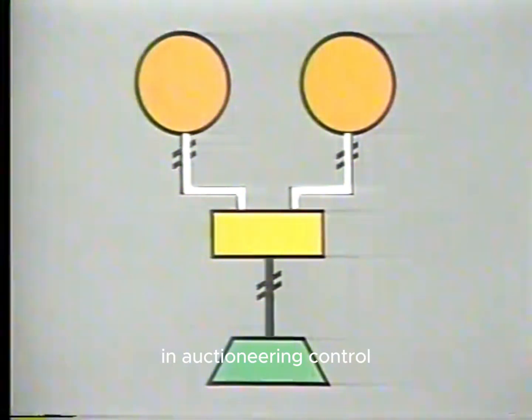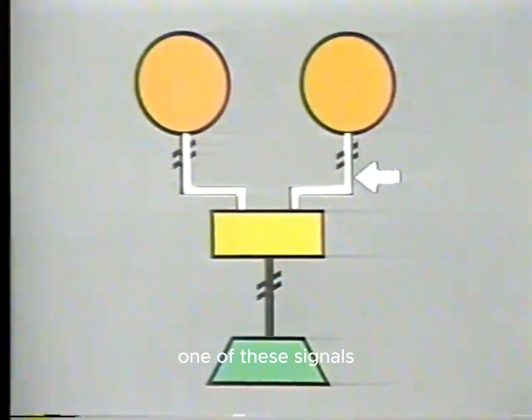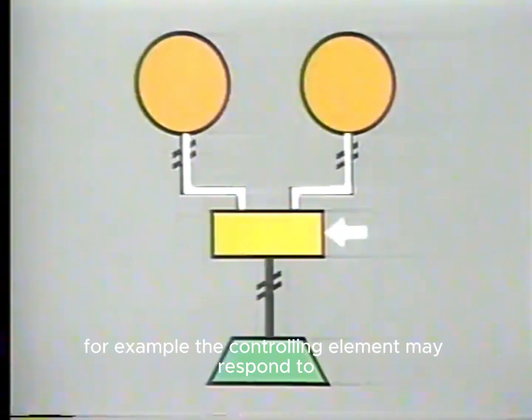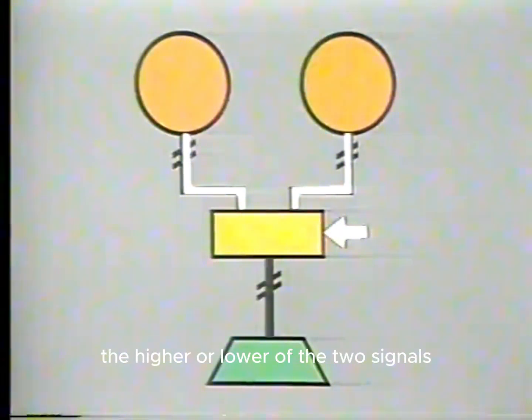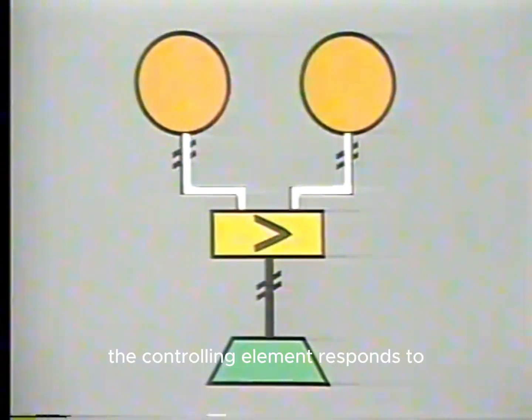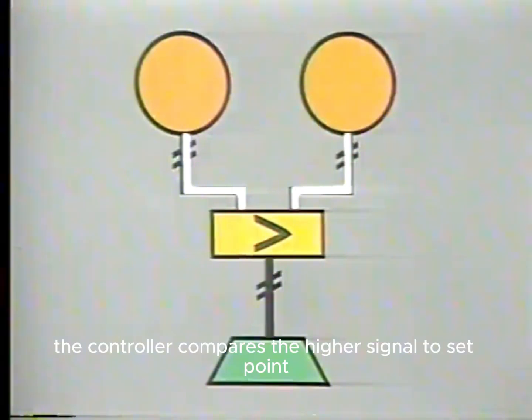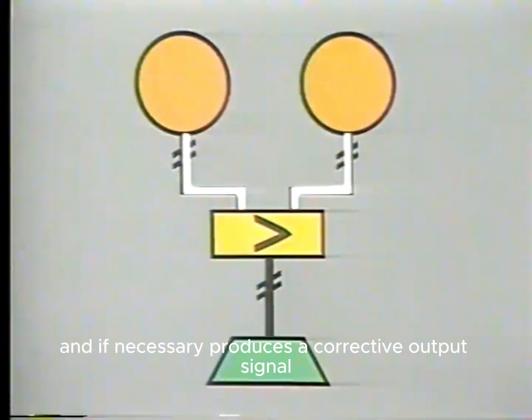In auctioneering control, the controlling element responds to only one of these signals. For example, the controlling element may respond to the higher or lower of the two signals. This symbol tells us that the controlling element responds to the higher of the two monitored variables. The controller compares the higher signal to set point and, if necessary, produces a corrective output signal.